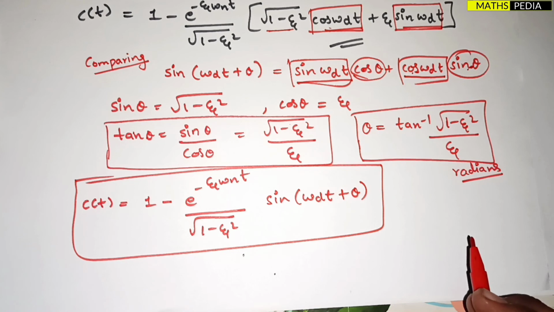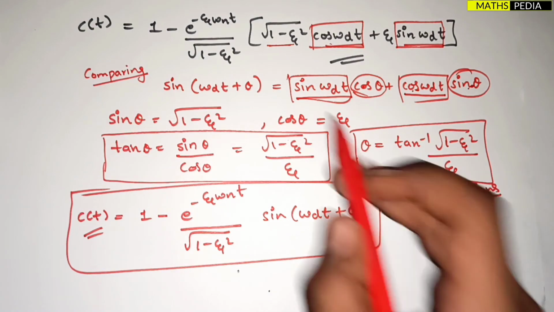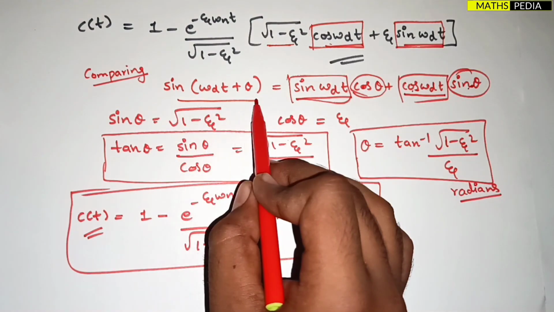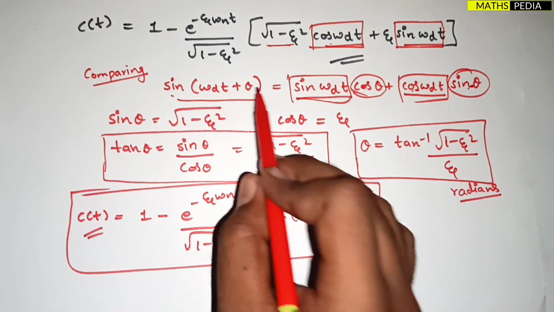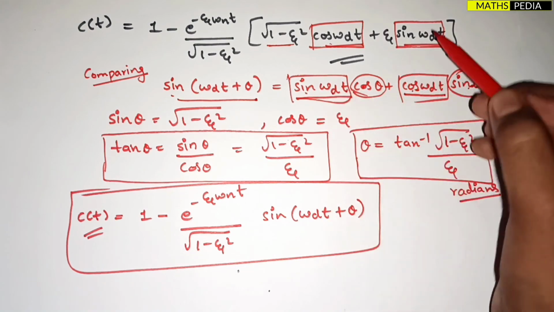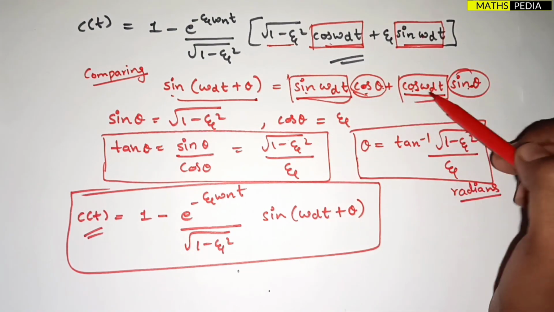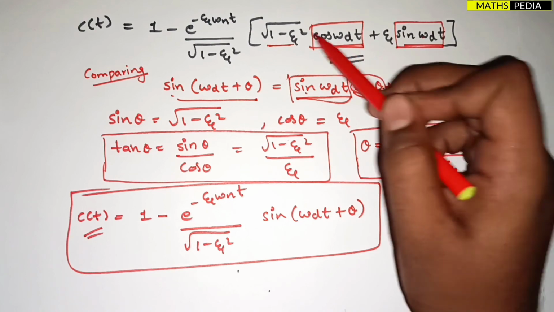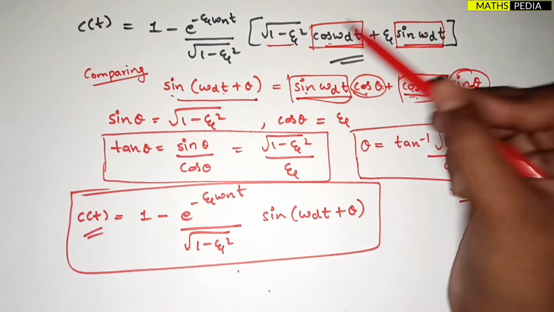This is the required expression. This is the final c of t. So as you can see, this whole thing is the same as sine omega d t plus theta, which is sine omega d t cos theta plus cos omega d t sine theta. So I will replace this with this.